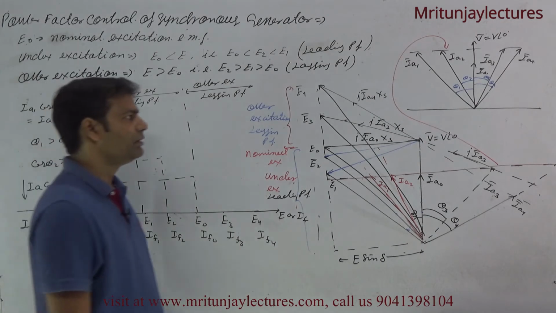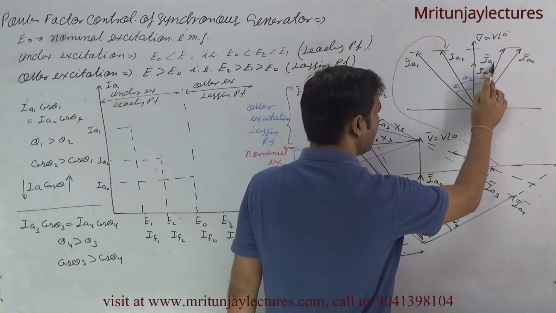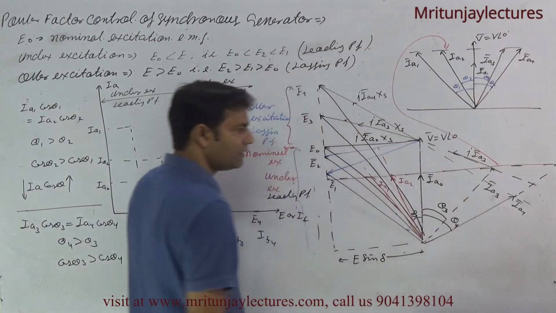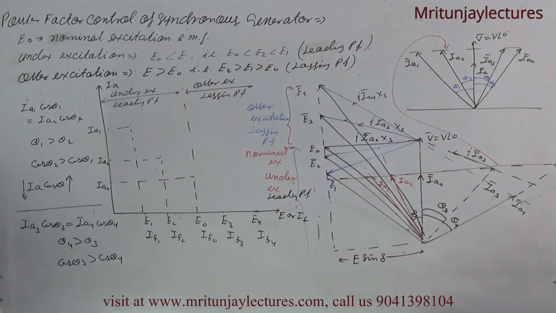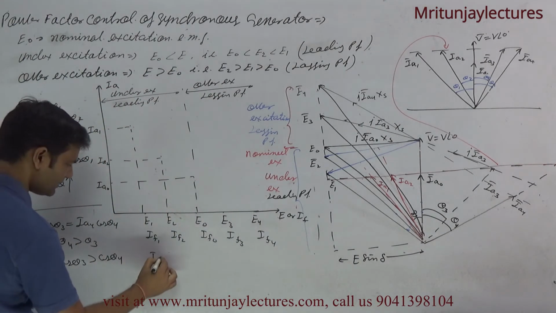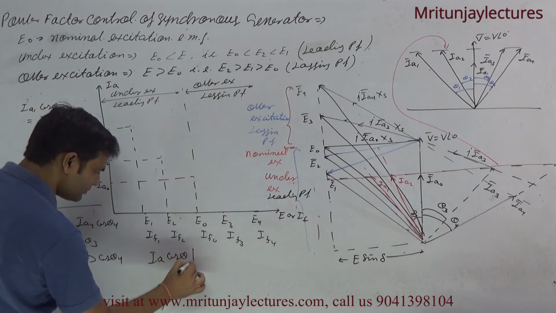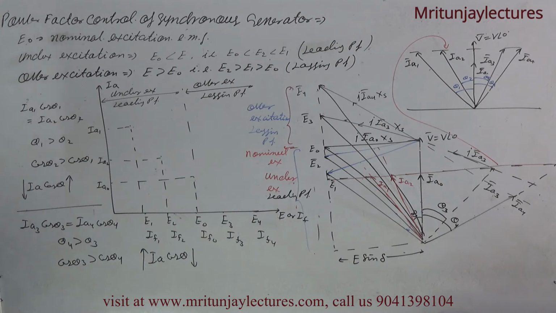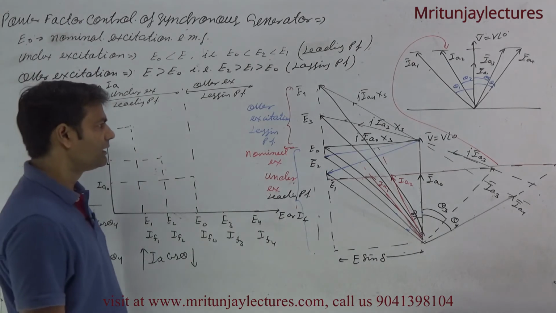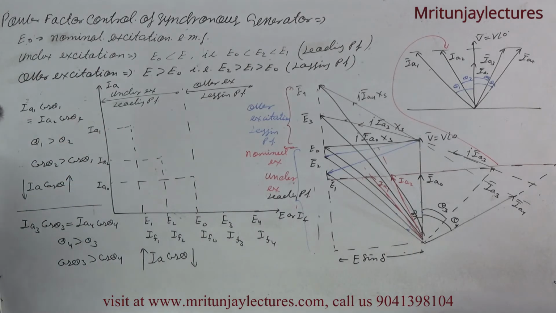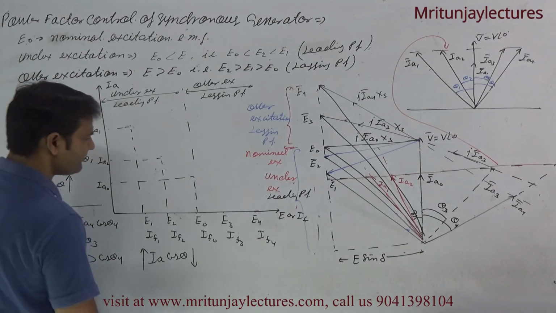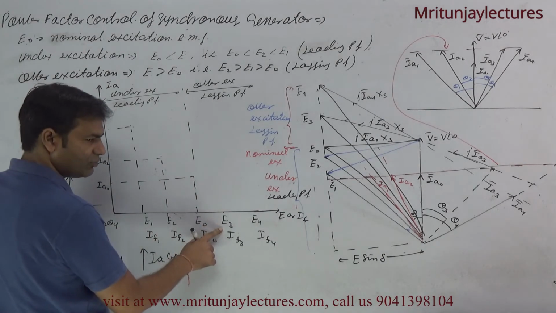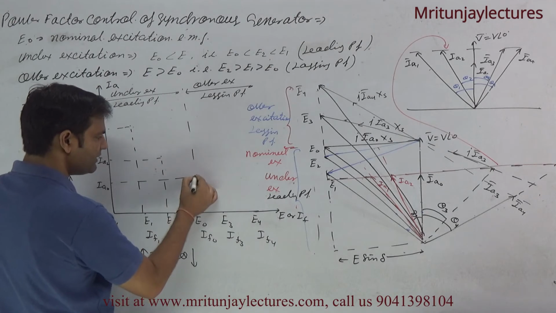Okay. If current goes from IA3 to IA4, it means power factor is poor, so you can say that IA cos theta is poor. Then what about current? Current increases. So in this region, corresponding to this excitation voltage, current increases.